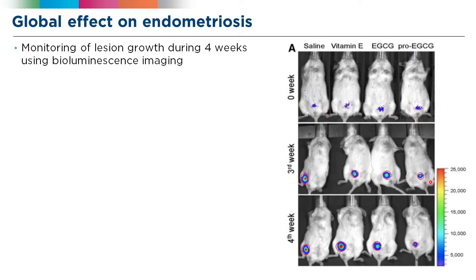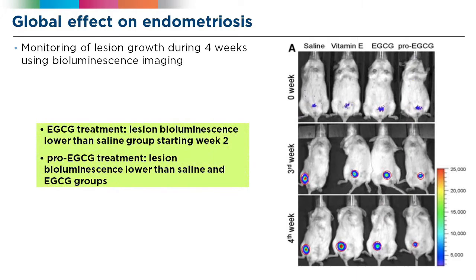And these are images taken after 3 weeks or after 4 weeks of treatment. The first row is a control where only saline was injected. Here is vitamin E that doesn't have any antiangiogenic properties. Here are the 2 molecules of interest, EGCG and pro-EGCG.